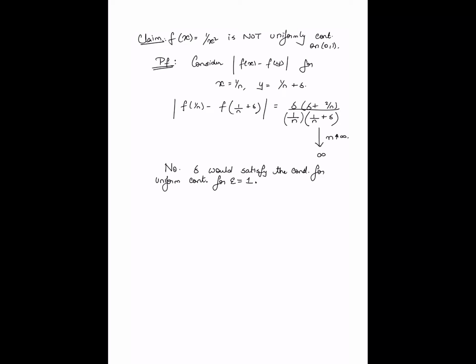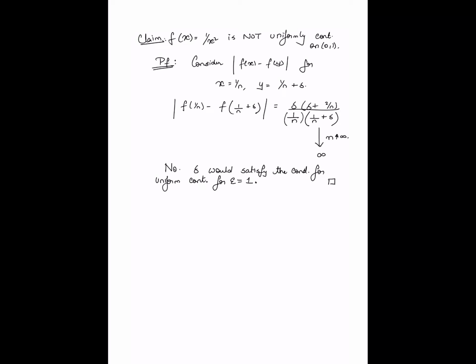But if I just take the points 1 by n and 1 by n plus delta, as n becomes large, in other words, as the former point goes closer and closer to the origin, the gap between the function values goes off to infinity. So it couldn't possibly remain bounded by 1. That completes the argument that the function 1 by x square is not uniformly continuous in the open interval 0, 1.